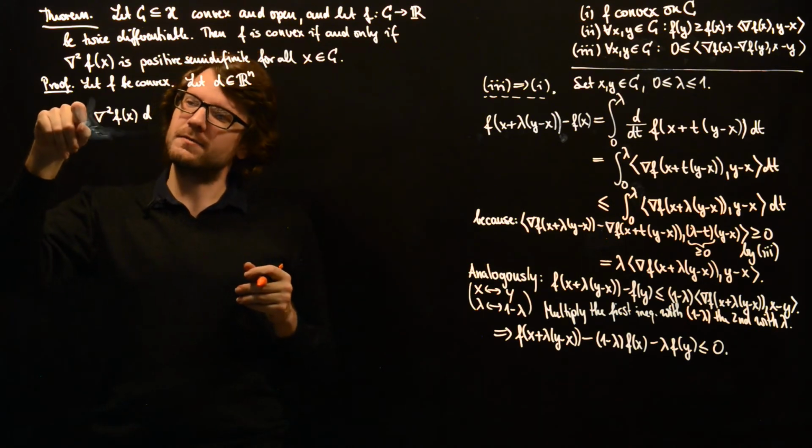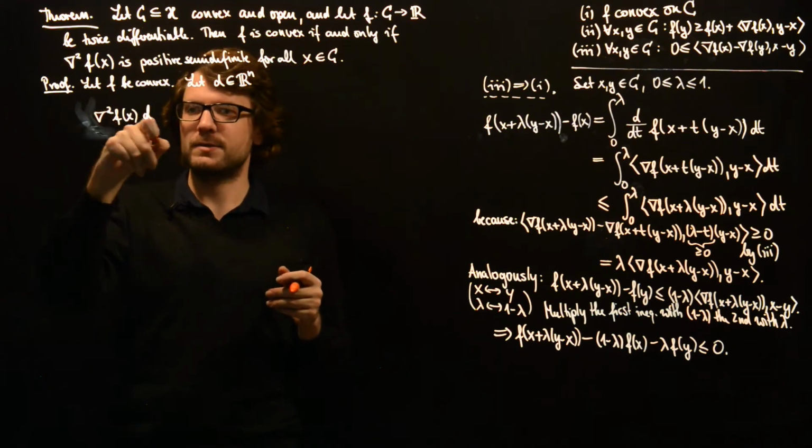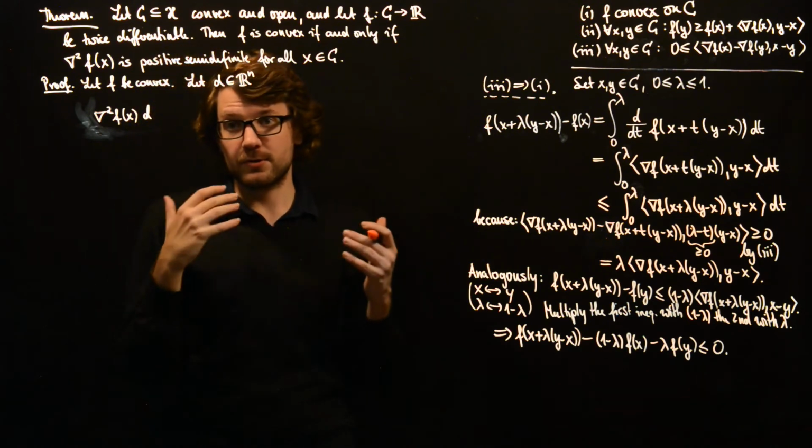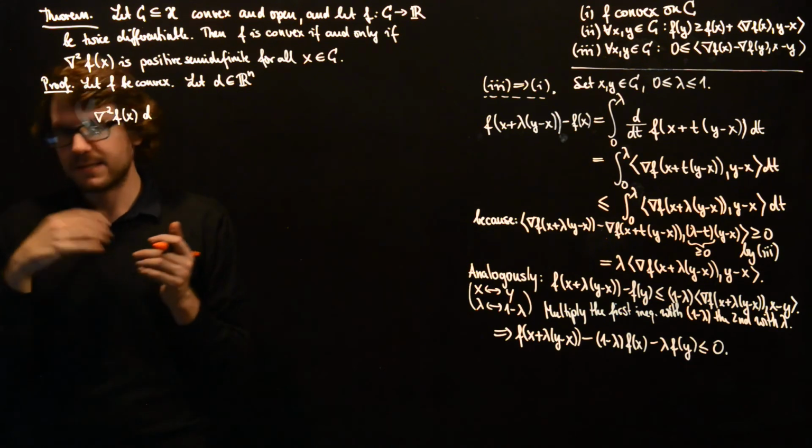So if we take the inner product of d with the result of applying the Hessian to d, then we should always get some non-negative number. That's our goal to show.